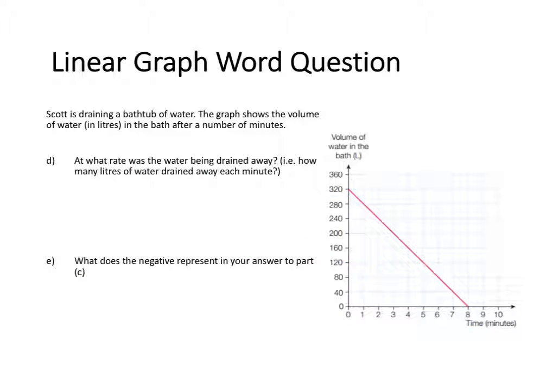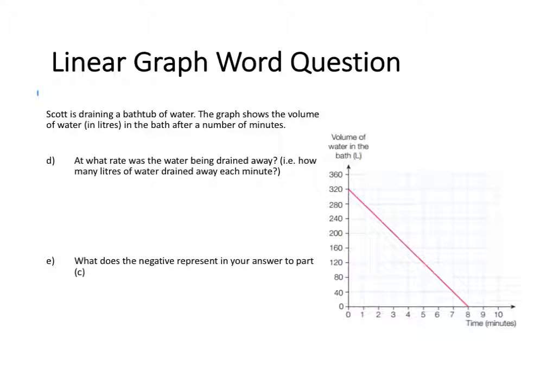Question D asks, at what rate was the water drained away? So that is how many litres of water drained away each minute. I can answer that question by using the gradient that I calculated in the previous part. I know the gradient was negative 40.